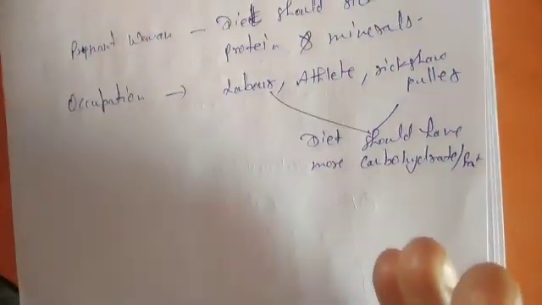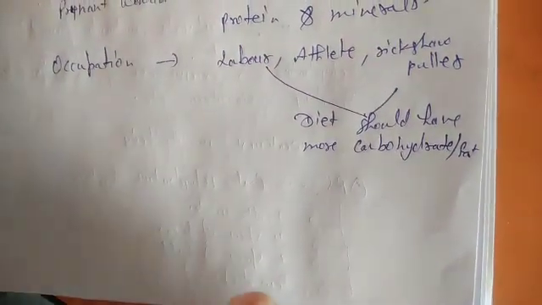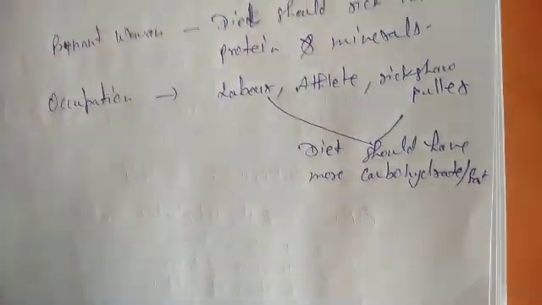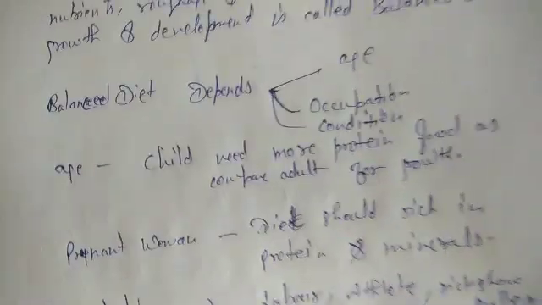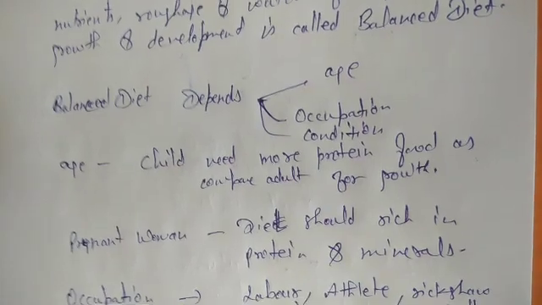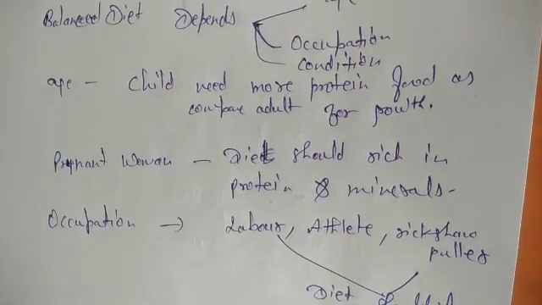So a balanced diet which contains all the important nutrients and sufficient water for proper growth and development is called a balanced diet. It can change, and it depends on age, occupation, and other necessary factors.